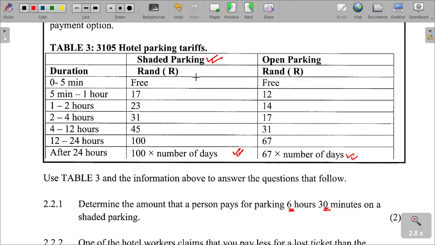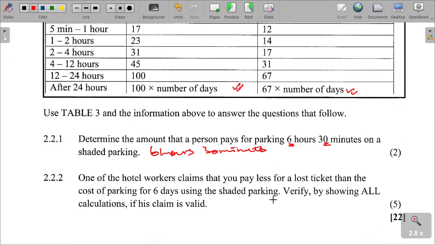So what are we going to do? You need to understand that 6 hours 30 minutes is close to 7 hours. So 6 hours 30 minutes is approximately equal to 7 hours.